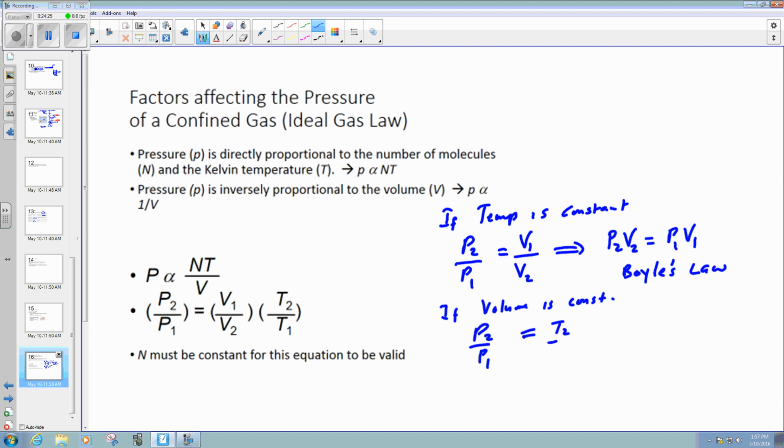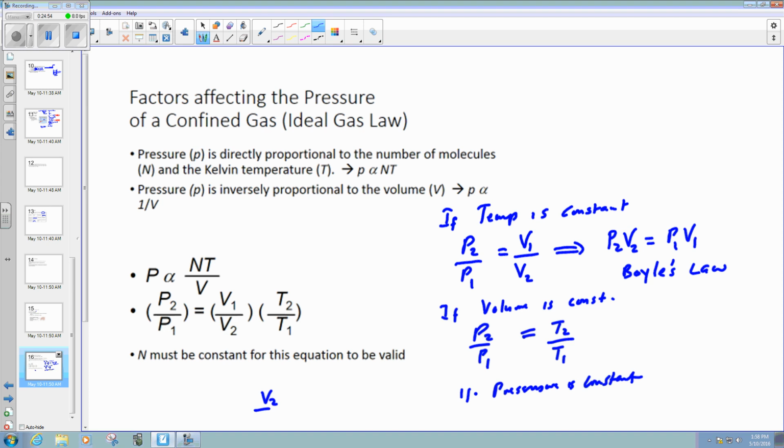And finally, if we keep the pressure constant, there is a relationship between the volumes and the temperatures.